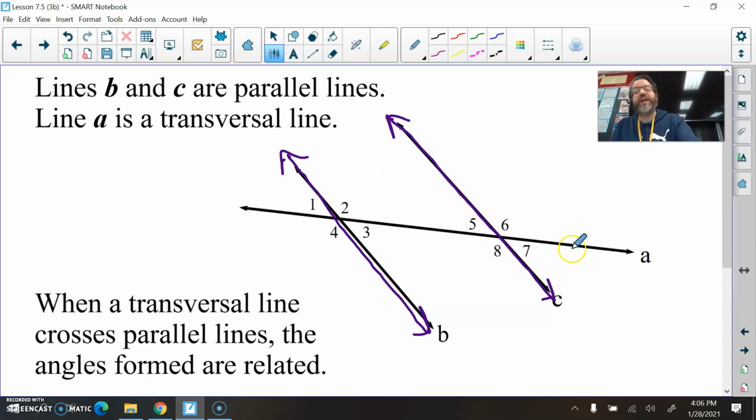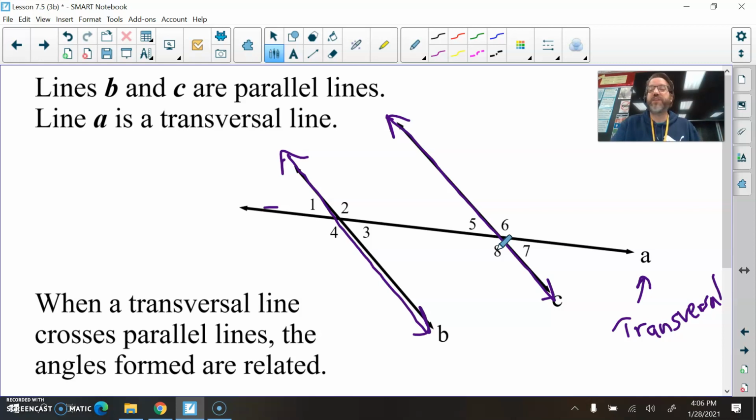So line A is cutting through those parallel lines. Line A is your transversal line. Okay, that's your transversal line. It cuts right through those 2 parallel lines, forming these 8 angles.